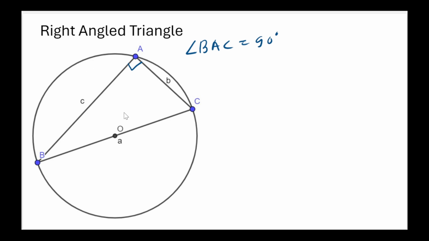Now the circumscribing circle has radius R, and in this case sine A is equal to sine 90 degrees, that is equal to 1, because angle A is 90 degrees. Therefore, sine A is equal to the opposite side, that is a, upon side BC, or the diameter of the circumscribing circle, that is 2R.